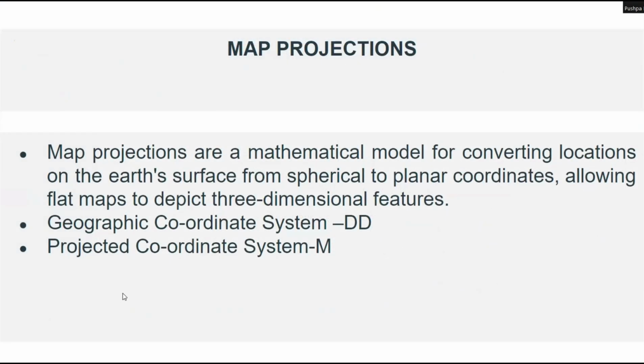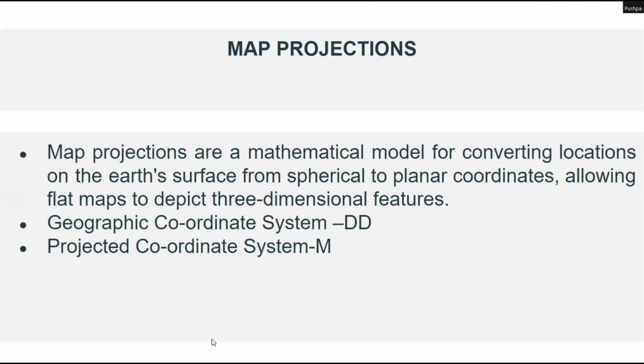I have told you regarding map projections, right? A map projection is basically a mathematical model for converting locations on the Earth's surface from spherical to planar coordinates, allowing flat maps to depict 3D features. Because the Earth is three dimensional and we are making it into a 2D plane, the application of transformation comes in.